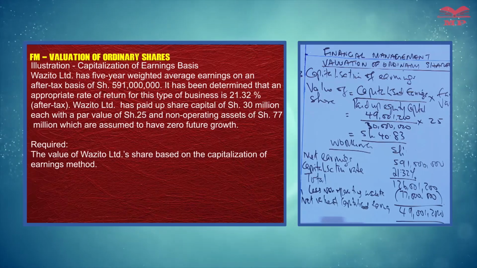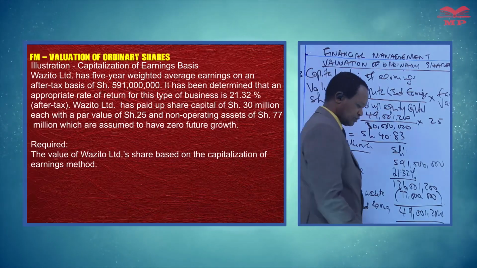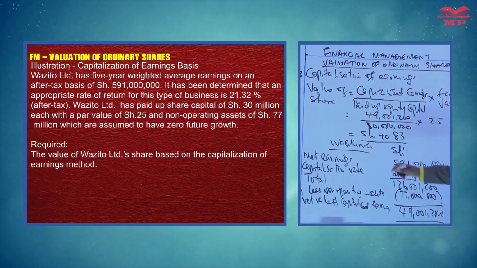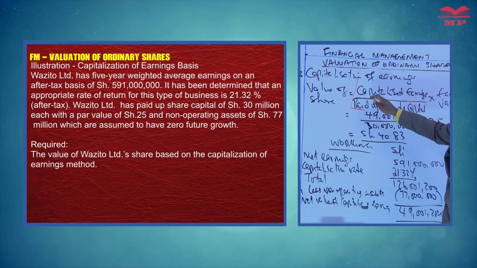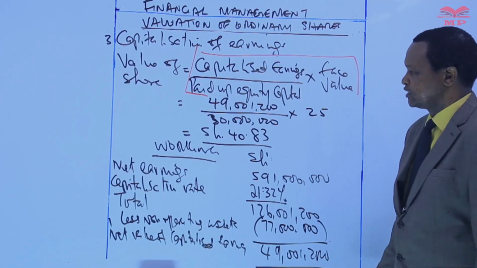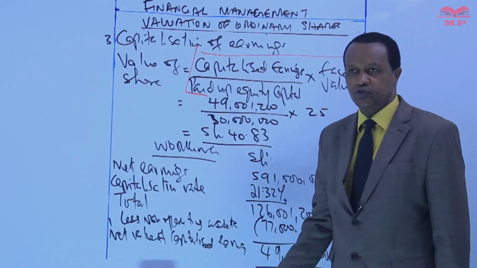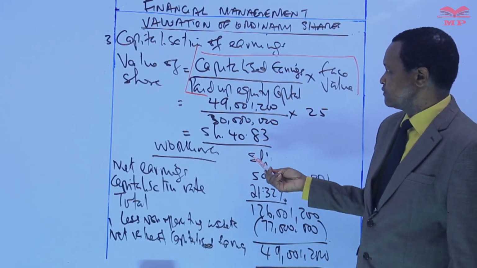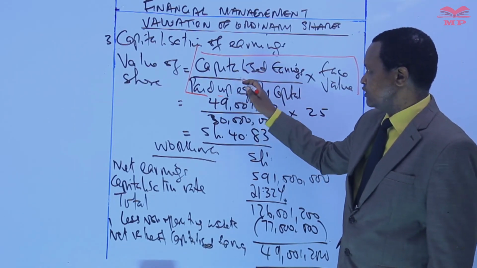Now, candidates, for those of you preparing for exams, it's important to memorize the formula. Then you need to understand the examiner may not give you all the values in the question.